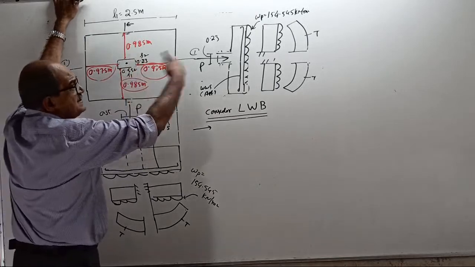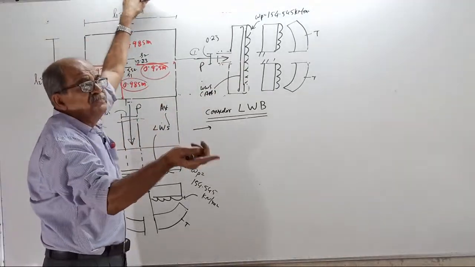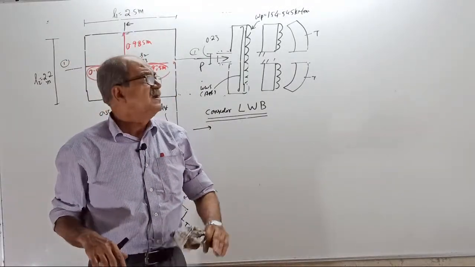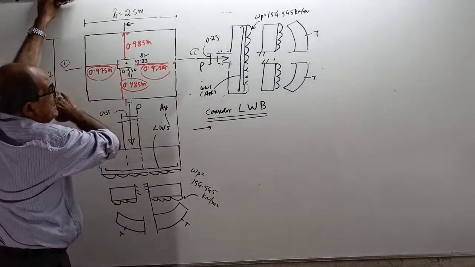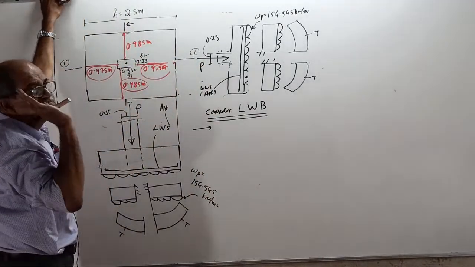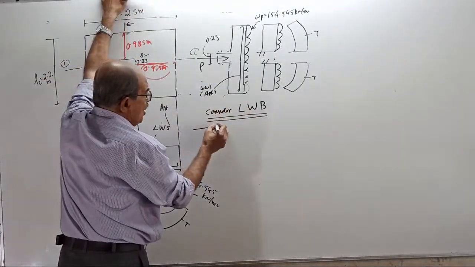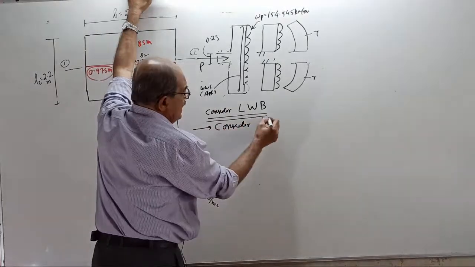Once consider the right side cantilever, once the left side cantilever. For both of them find the BM, then consider the maximum BM. But here, whether you take the right side or the left side cantilever, both are the same. Okay, now consider lengthwise bending. Very important, consider a 1 meter strip.